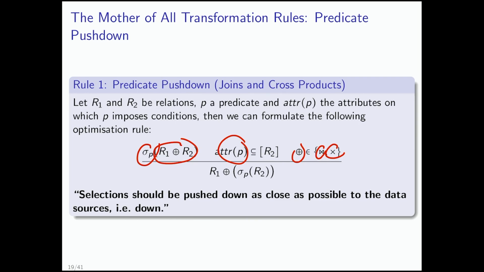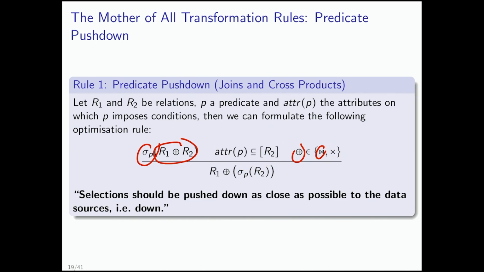Here, this condition says all of these attributes are only with respect to R2. Could also be R1, that's the same story, but here it's only with respect to R2. So I'm not in a situation where one of the attributes is from R1 and the other is from R2. They're both with respect to R2, or all of them, no matter how many they are.